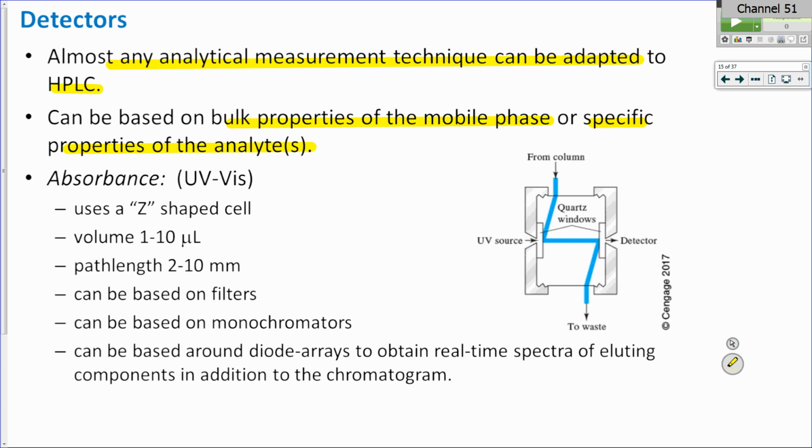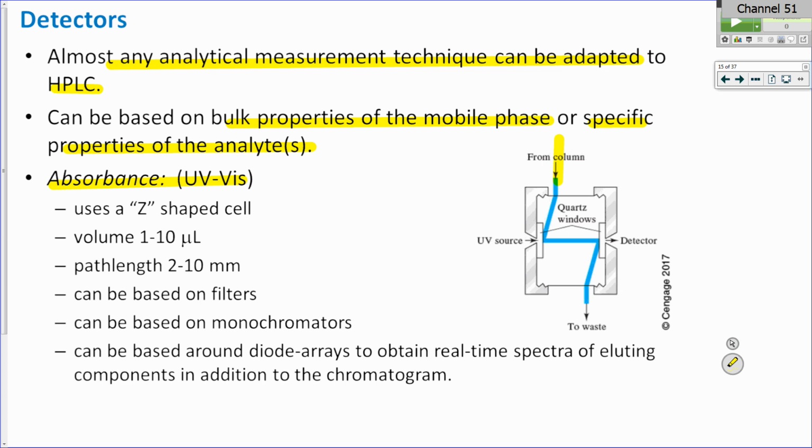That's the absorbance. In the UV-vis, the requirement, though, is that your compound has to have some type of chromophore. It has to absorb something. A downside is that this tube that's running across here, this tube that's coming in, is typically only maybe 10 to 20 thousandths of an inch ID.